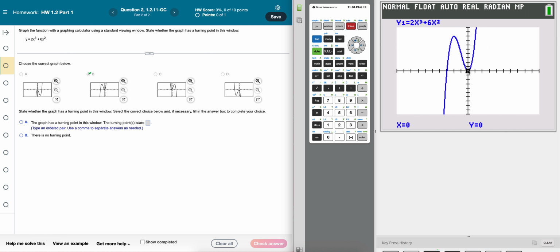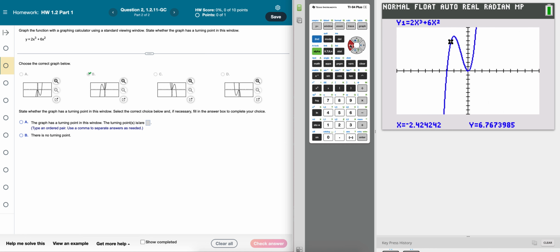So that one turning point is the point 0, 0. This allows you to trace along the graph. The problem is when we look at this left turning point, the one that's the top of the hill, I'm not sure if we're actually getting that point.